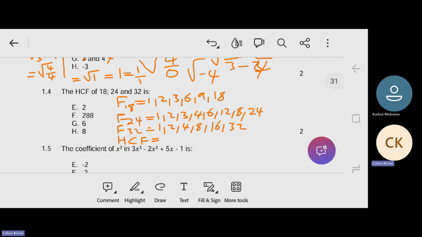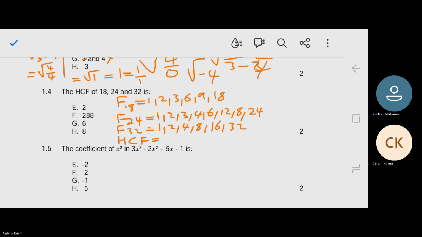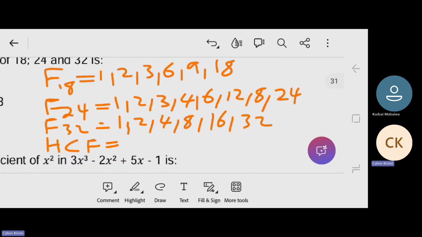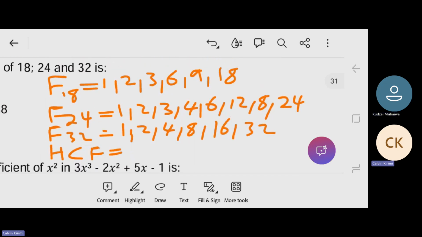So for the HCF, we are comparing what we have here. What is common between all those numbers? The common one is 2.